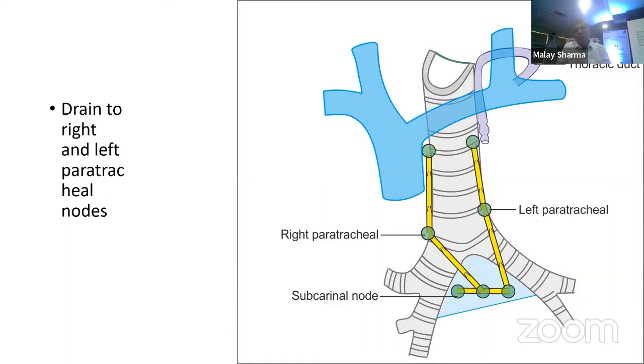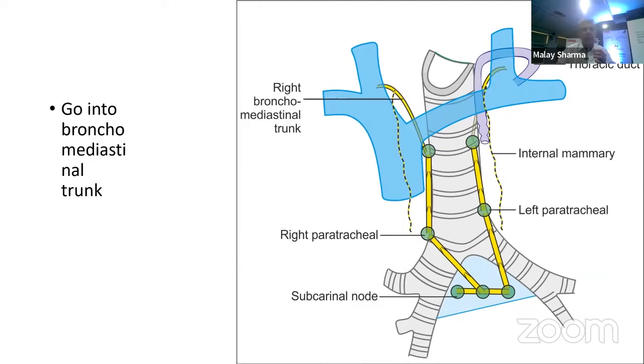So then the bronchomediastinal trunks are larger lymphatic vessels which drain the right and left paratracheal nodes. They go into the right and left paratracheal nodes, go into the bronchomediastinal trunks, which are shown as yellow color trunks on either side of the trachea.